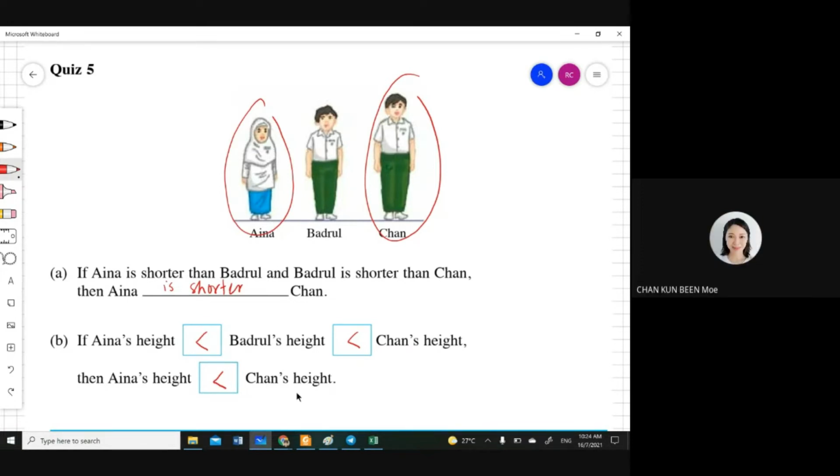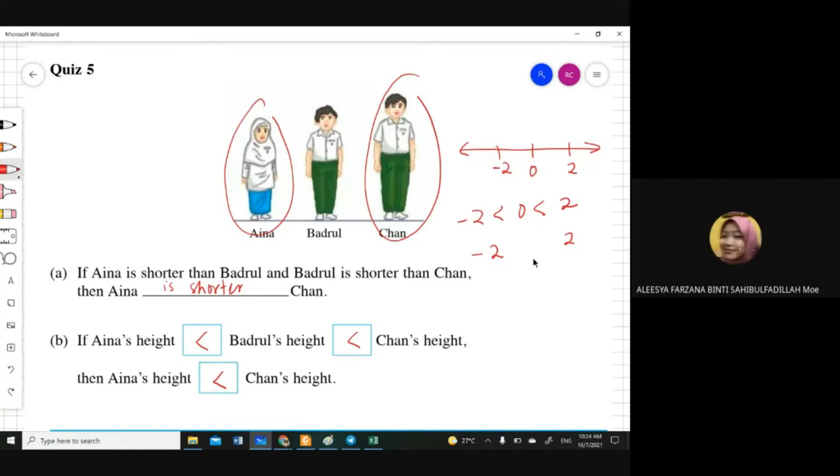Yes. For example, I give you three numbers over here. I have a 0, I have 2, I have -2. If I said -2 is less than 0, and then 0 is less than 2, and I just want you to compare between -2 and 2, what is the symbol to be represented here?